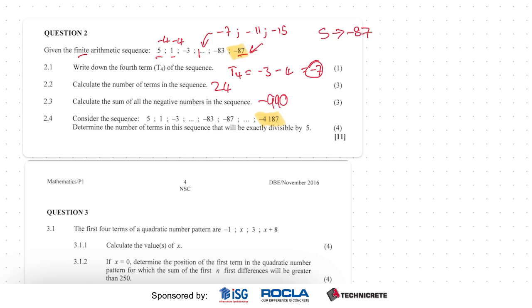So they say determine the number of terms in the sequence that will be exactly divisible by 5. Okay, exactly divisible by 5. All right.